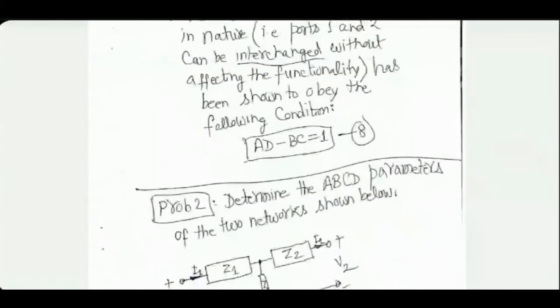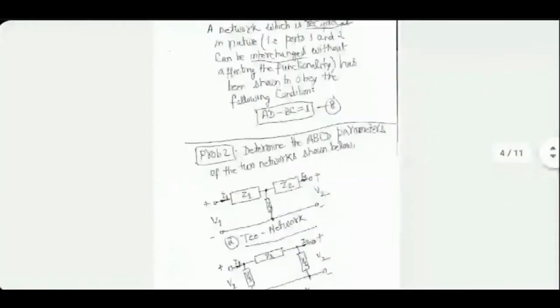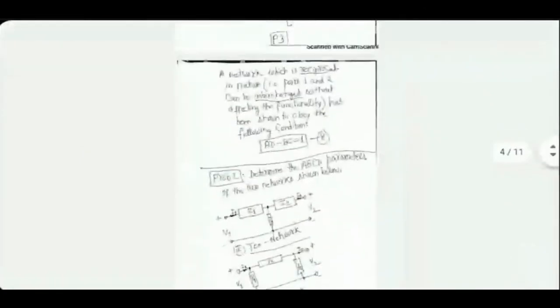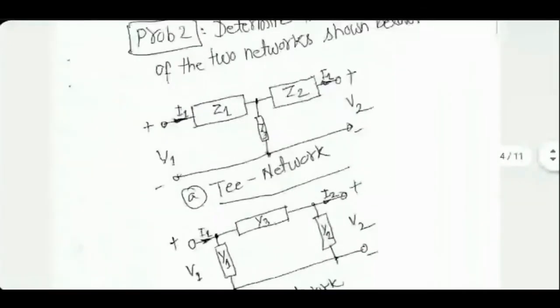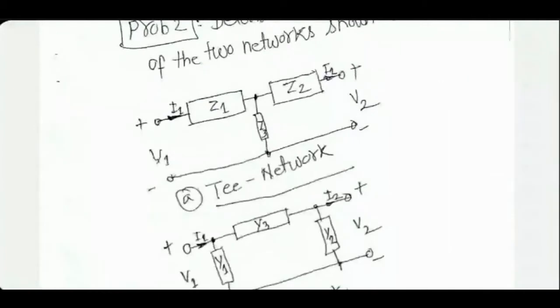Second problem, again the well-known T and pi networks. We have figured out Z parameters for these. Let's try to figure out ABCD parameters for both of them.